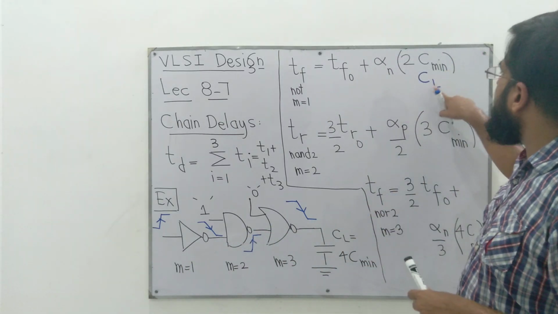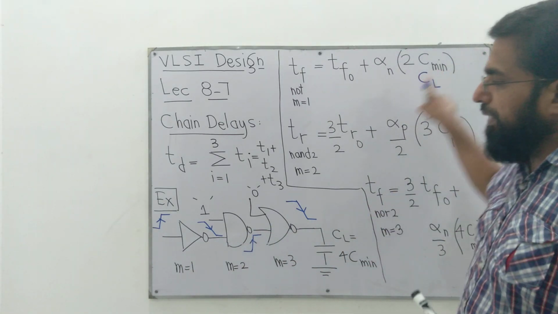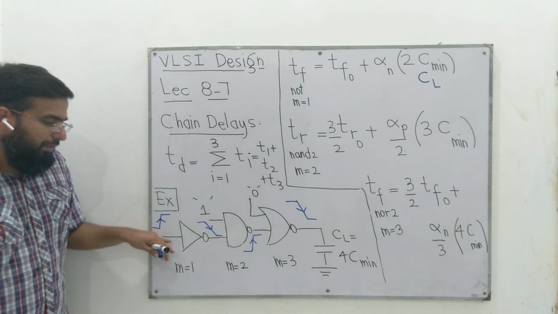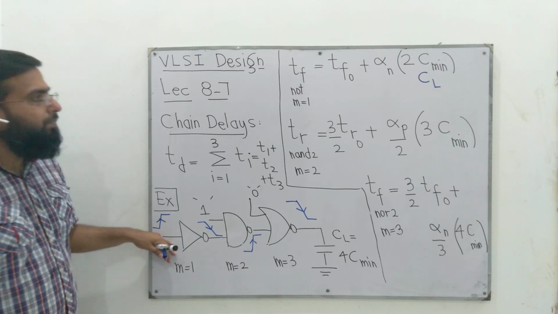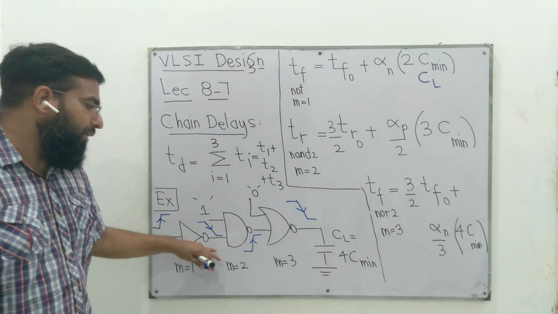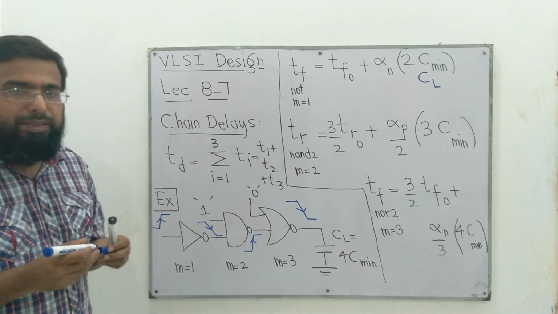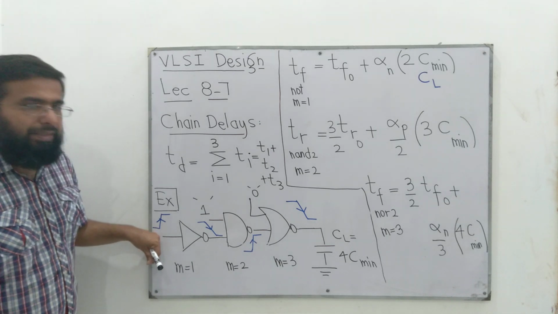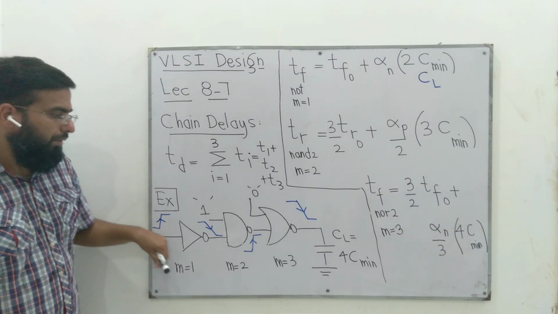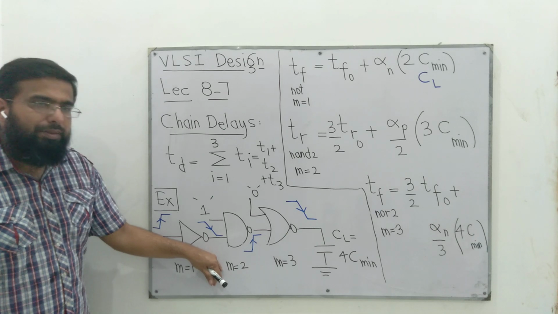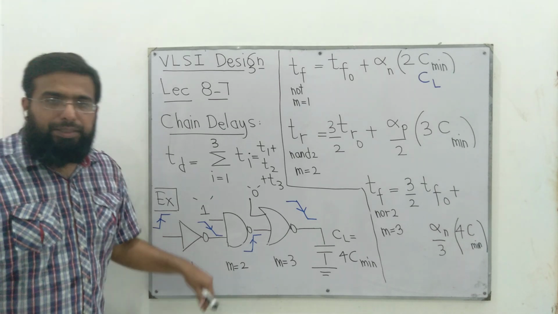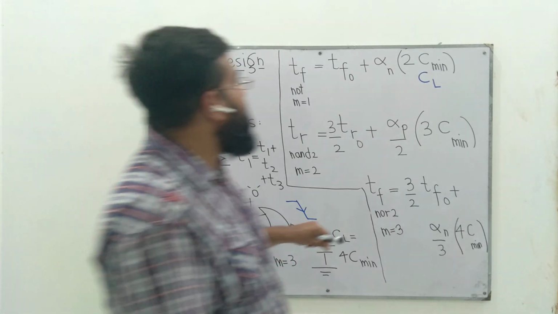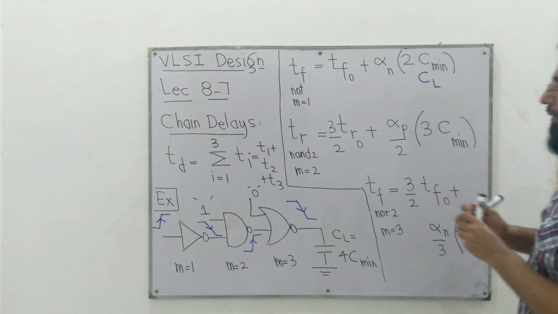This means this CL is 2 times the minimum input capacitance, whereas the minimum input capacitance is the input capacitance of this NOT. So this NAND gate would have an input capacitance, the gate capacitance, that is twice compared to the input capacitance of this NOT because the size of transistors are double, the aspect ratios are double, and the input capacitance is directly proportional to the aspect ratio. So it's 2 times C minimum.